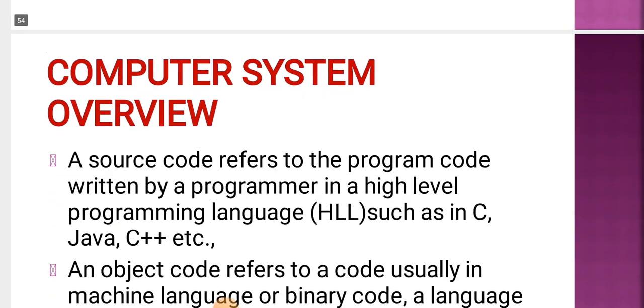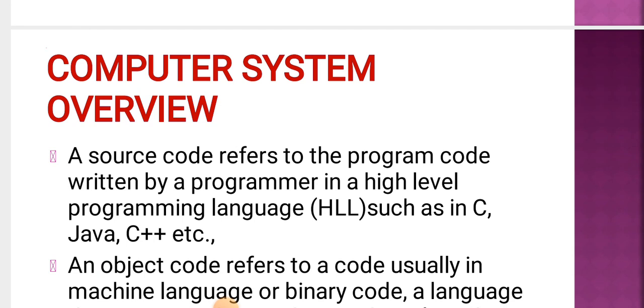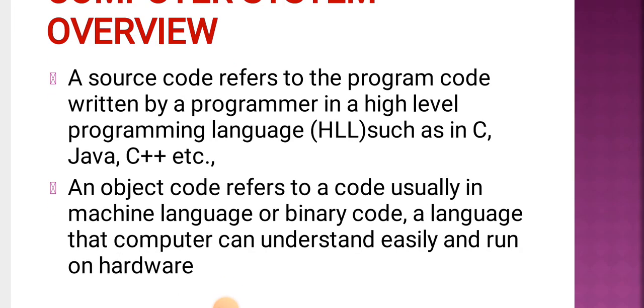A source code refers to the program code written by a programmer. So who is writing this source code means the programmer, the user only is writing this coding, in a high level programming language such as C language, Java, etc. Object code refers to a code usually in machine language or binary code, a language that computer can understand easily and run on hardware.